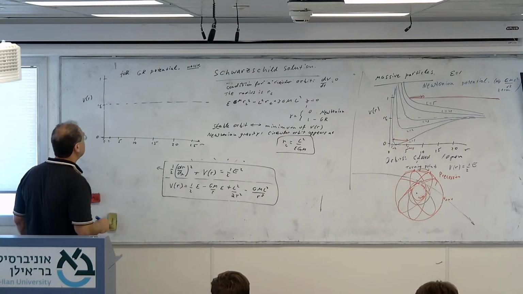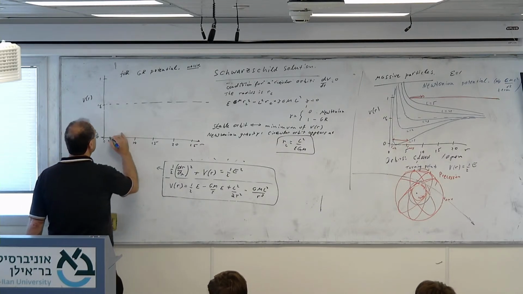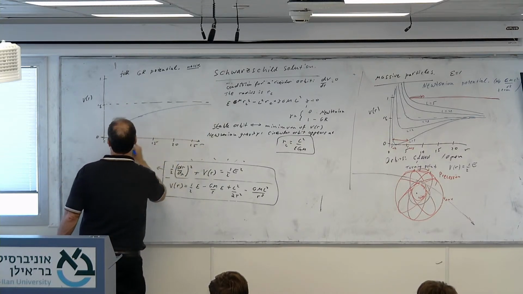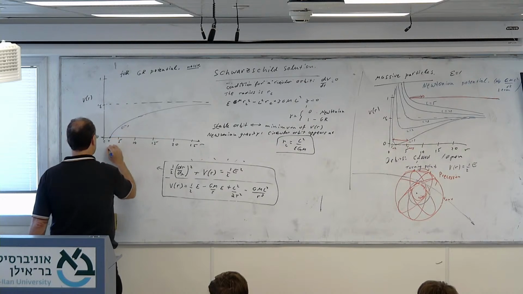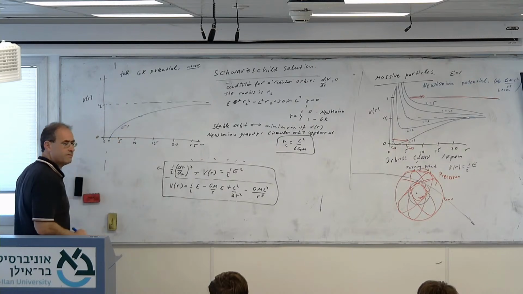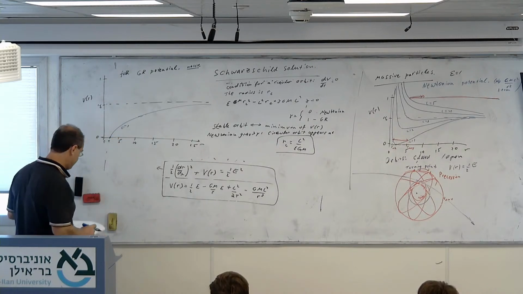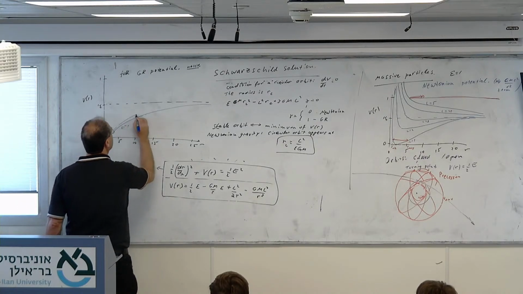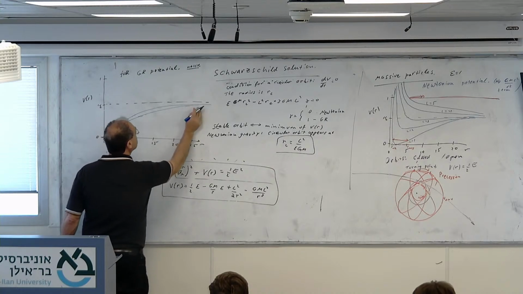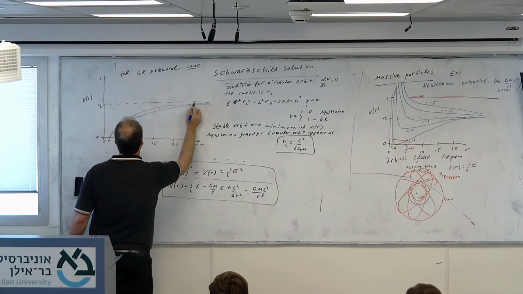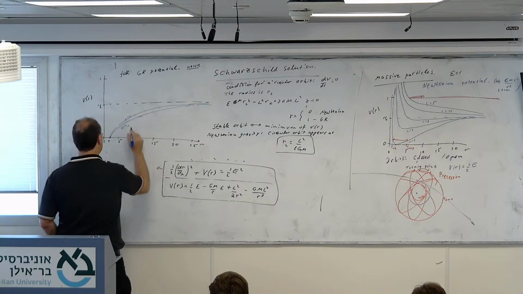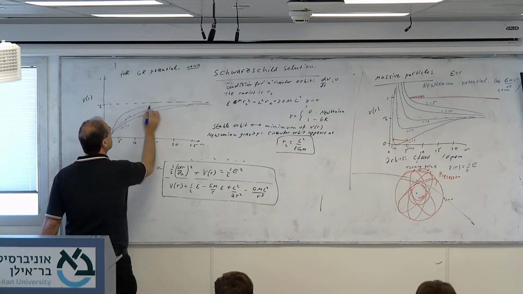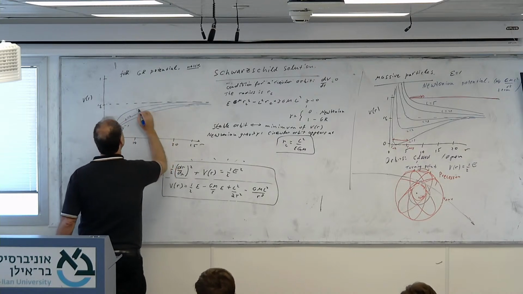If we're going to draw that, for L equal to 1 we get something that looks like that. Of course, we continue to minus infinity. For L equal to 2, we get something that looks slightly larger. For L equal to 3, slightly larger than that.